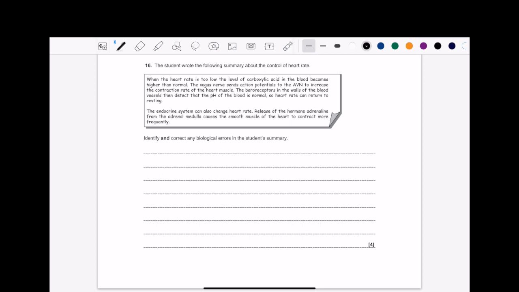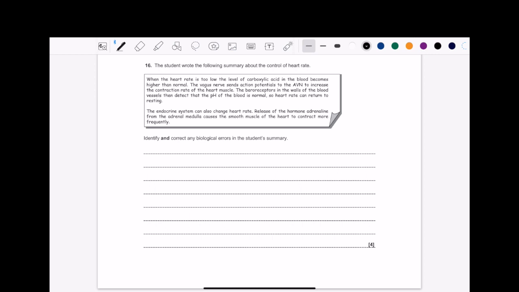But if you know all your content and you've memorized it, but you have no exam technique, your grade will be capped at a C. If you have your content and you have some sort of exam technique, not complete, but some sort, I would say you're margining B, possibly A. But if you have complete exam technique, A star. But you can't even get above a C if you don't know what the content is, right? So this is why you need to know it.